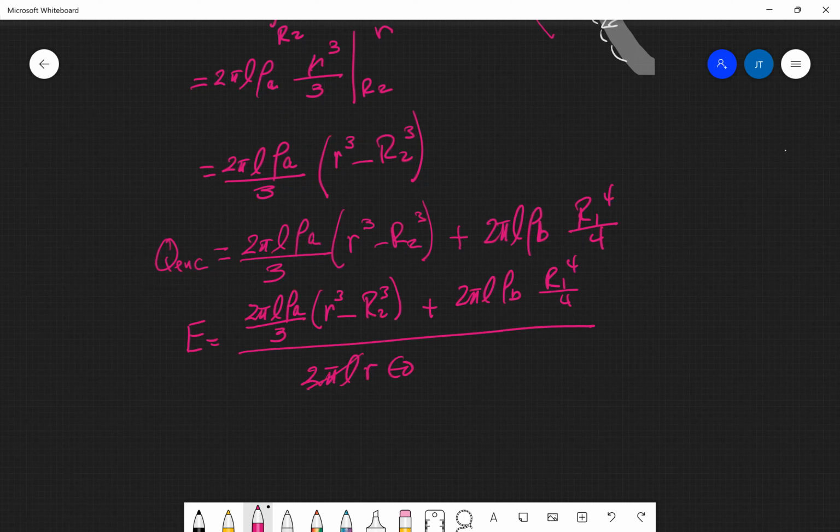This cancels this, cancels this. I have a 3 and a 4. So we can combine them. And I'm not going to simplify the top. Just going to keep it.